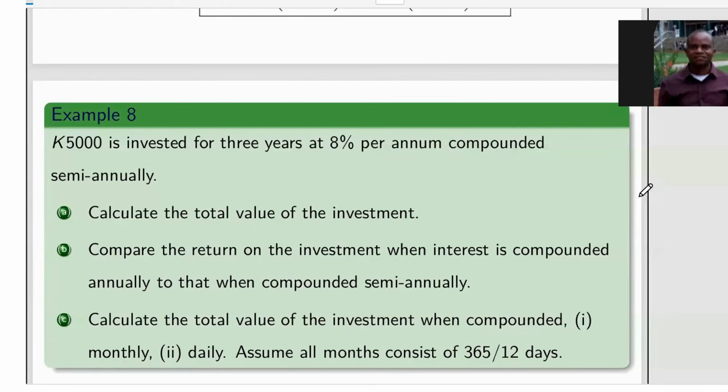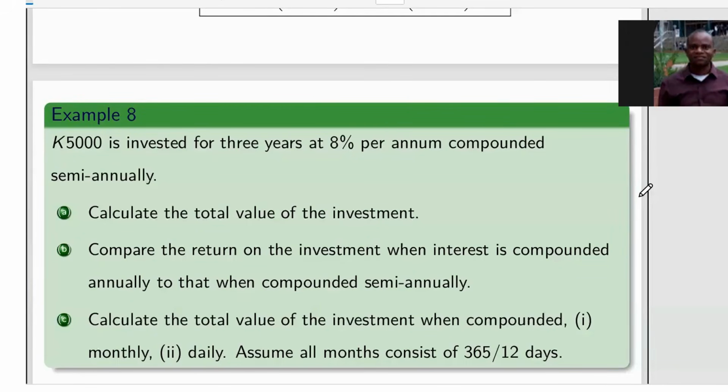Part A says calculate the total value of the investment, and part B says compare the total return on the investment when interest is compounded annually to that when compounded semi-annually. And part C says calculate the total value of the investment when compounded 1) monthly, 2) daily. Then we need to assume that all months consist of 365 per 12 days.